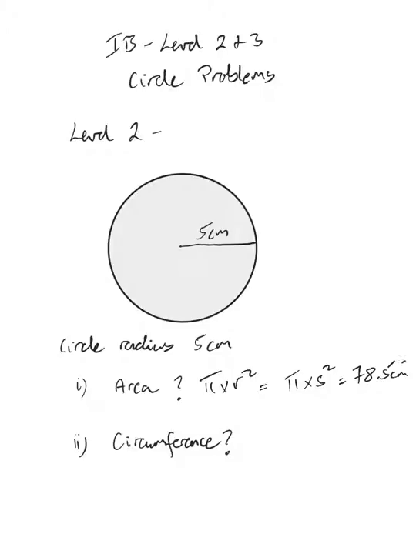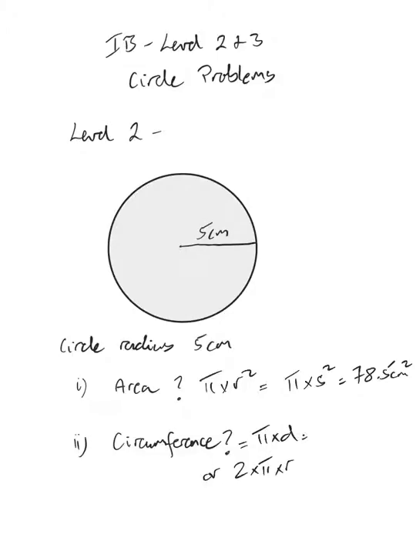centimeters squared. On the other hand, the circumference, you can either say pi times the diameter, or, and it's exactly the same thing, 2 times pi times the radius.